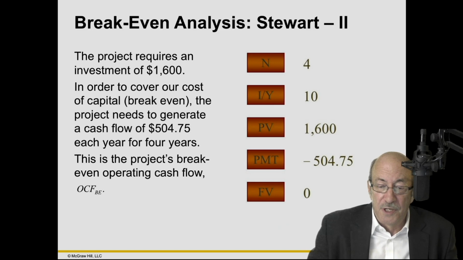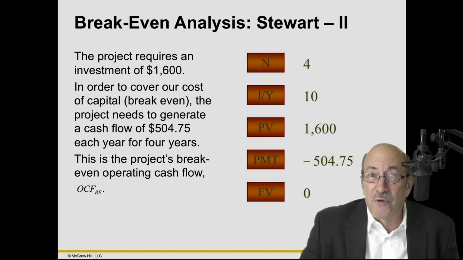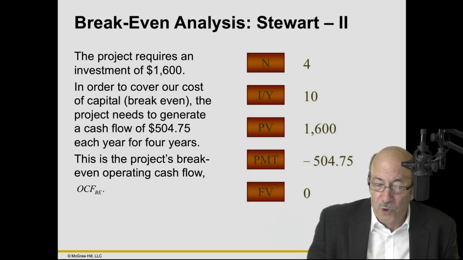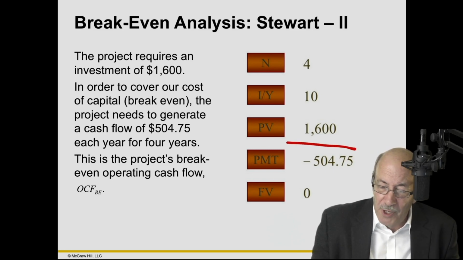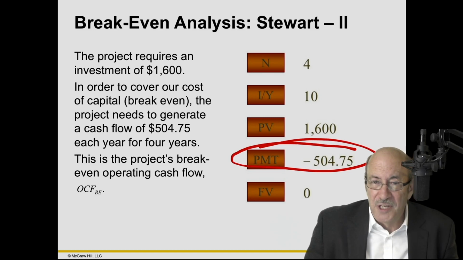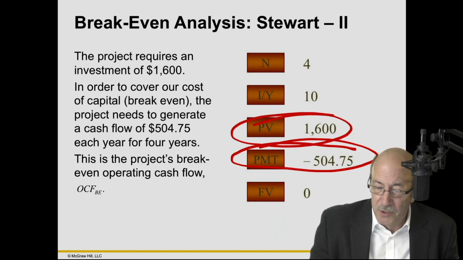All right, so here's how to do this. This $1.6 billion investment is going to last for 4 years. And so what we do is we say, well, let's figure out what payment it would take in order to come up with a present value of 1.6 billion.